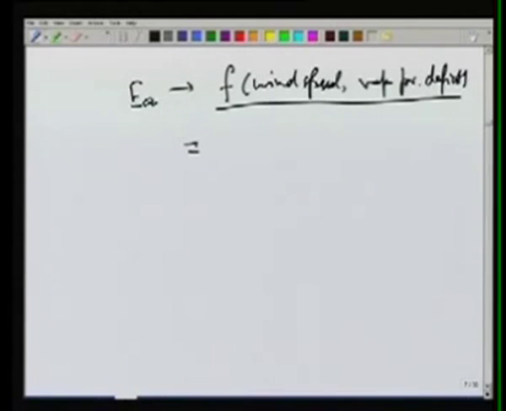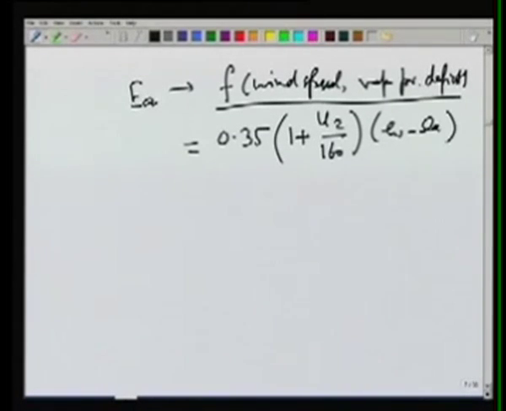So this was given by an equation: 0.35 (1 plus U2 by 160) (EW minus EA). As earlier, this U2 represents the wind speed 2 meter above ground.